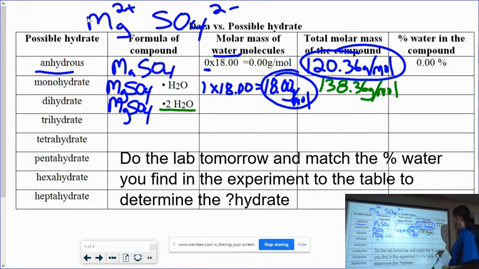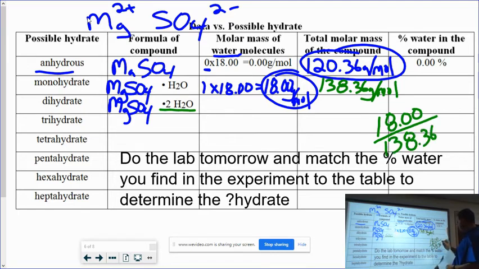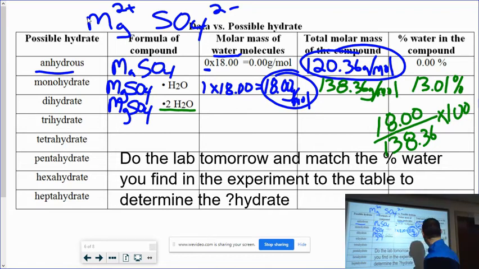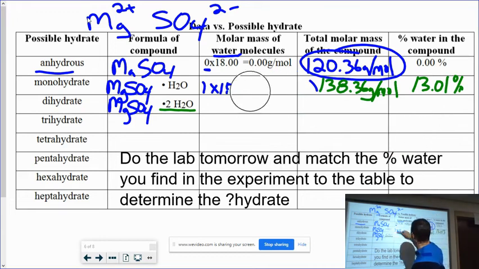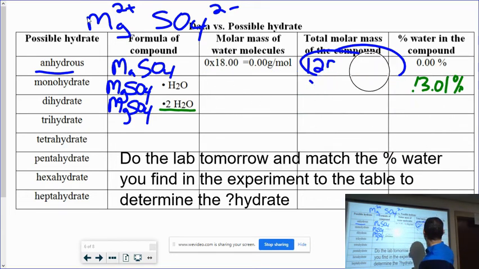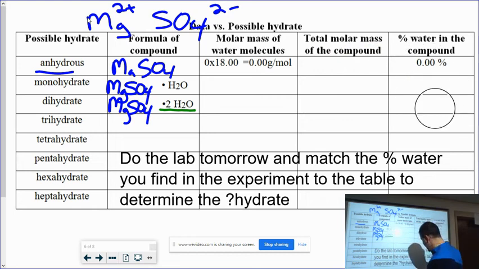What's the percent water? Well, if I did the math, 18.00 divided by 138.36 times 100, I get 13.01%. So I'm going to have you do the rest of the work. I will give you a couple numbers so you can check if you're doing things correctly.